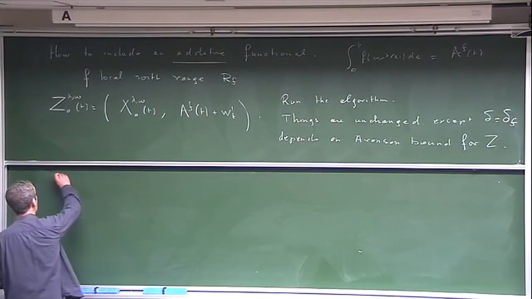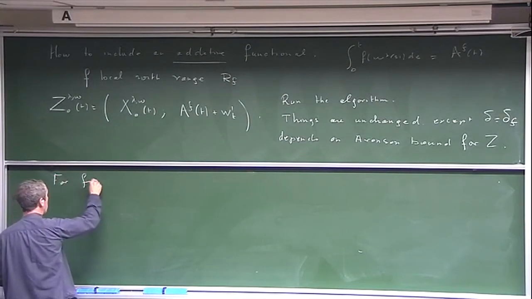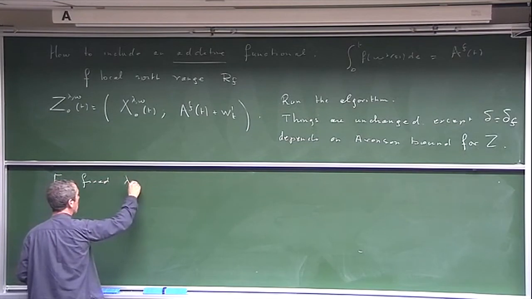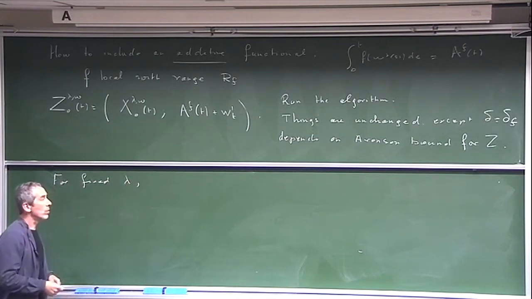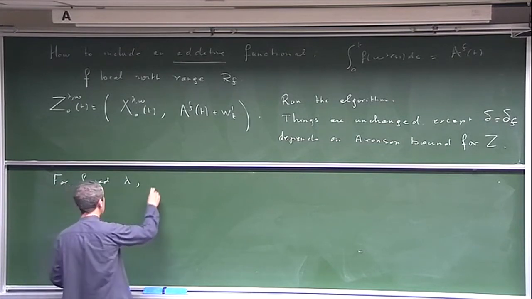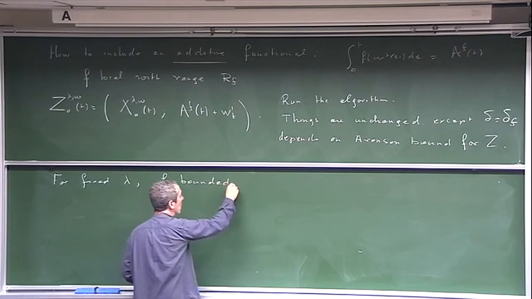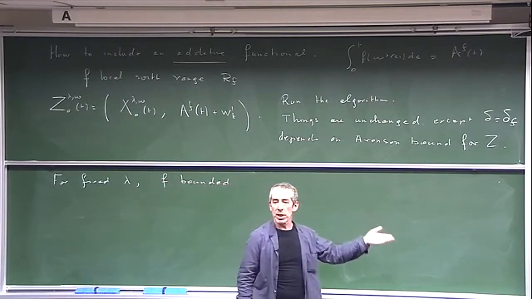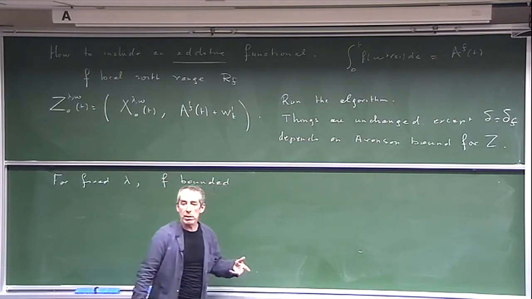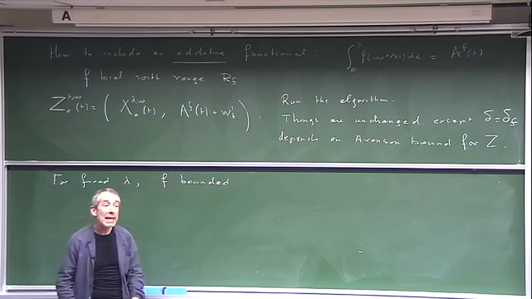And so what happens is that for fixed lambda, and if f is bounded, you have a non-degenerate diffusion process because of the small addition.